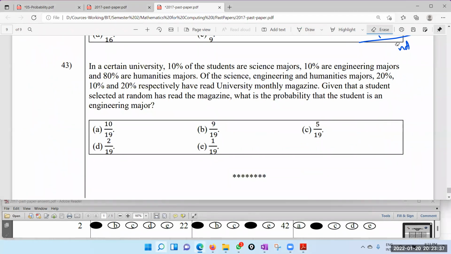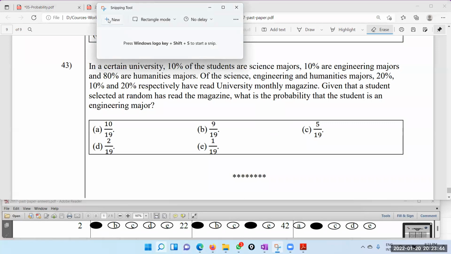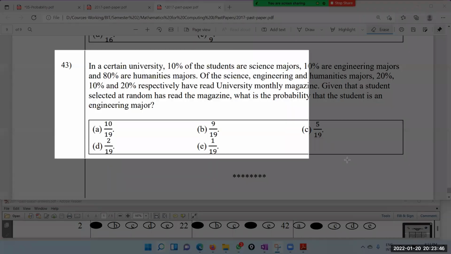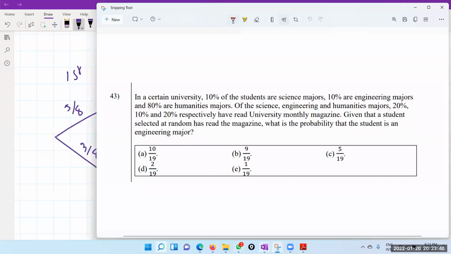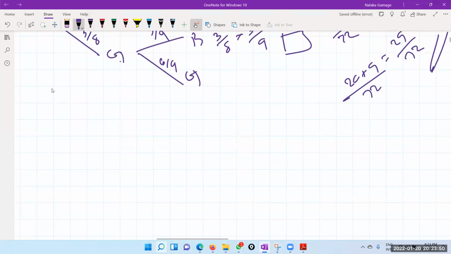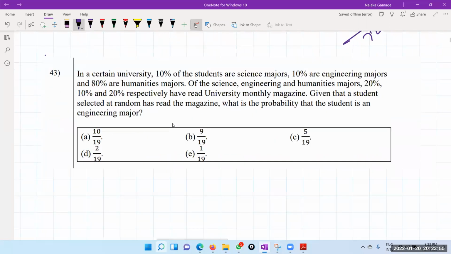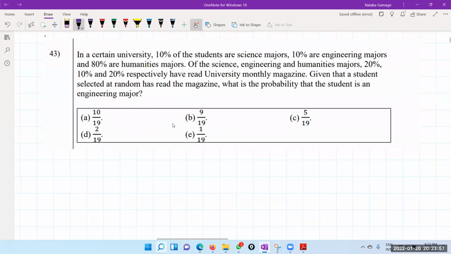Bayes theorem. Right. This is the Bayes theorem.